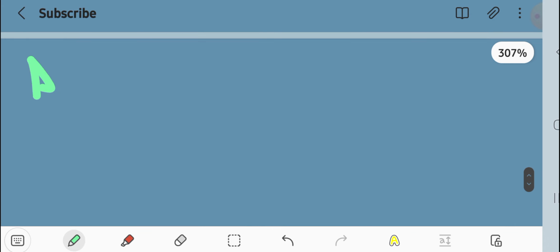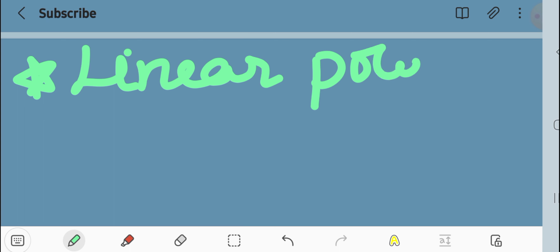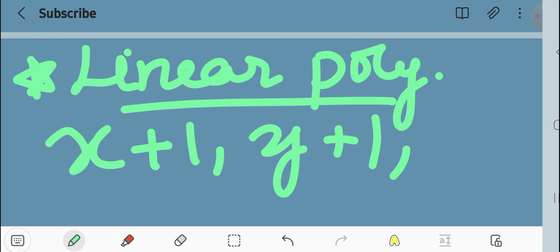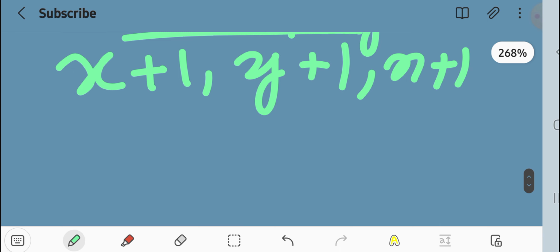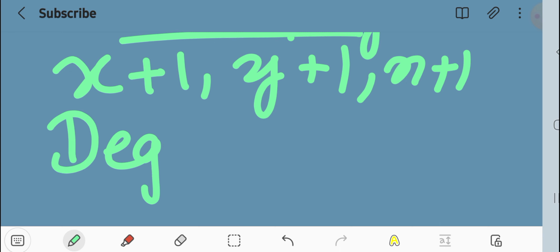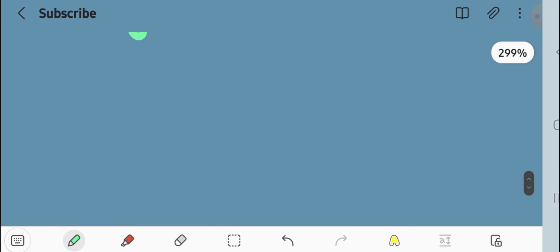The first type is the linear polynomial, which is x plus 1, y plus 1, n plus 1. Yes, the similarity is that the degree is 1. The degree of the polynomial is 1, which is called a linear polynomial.